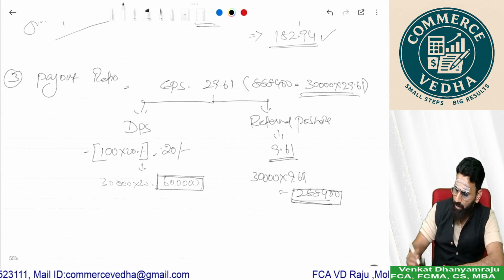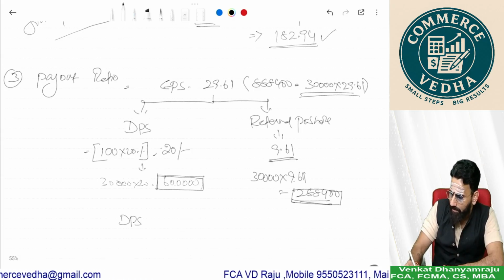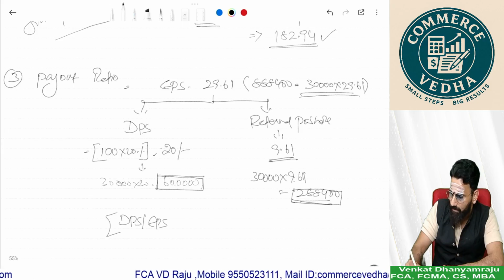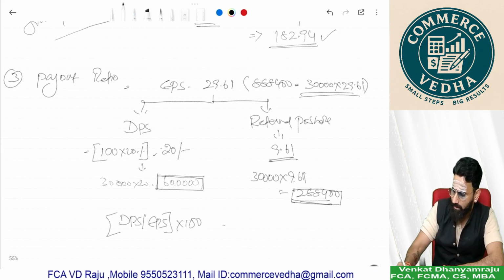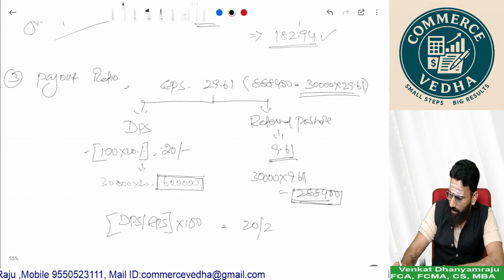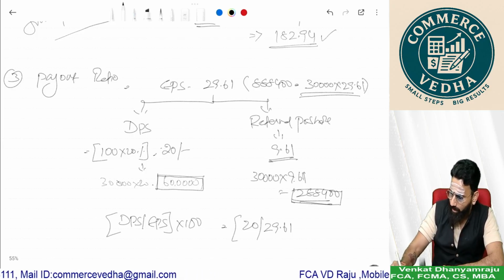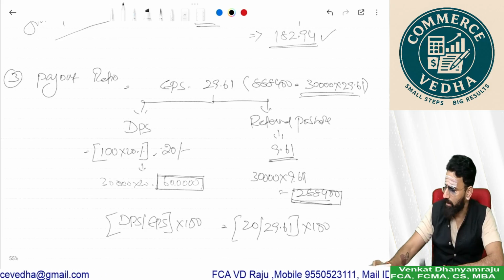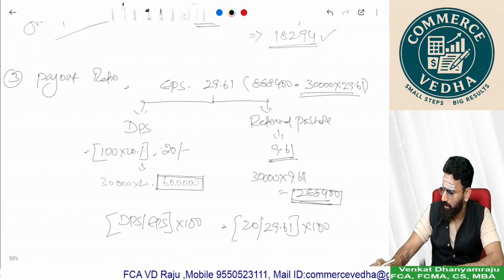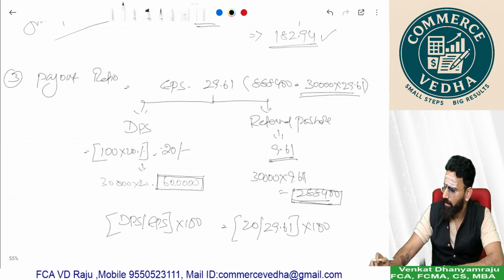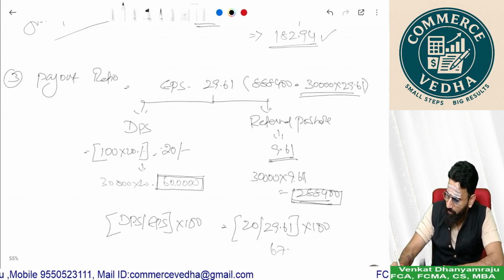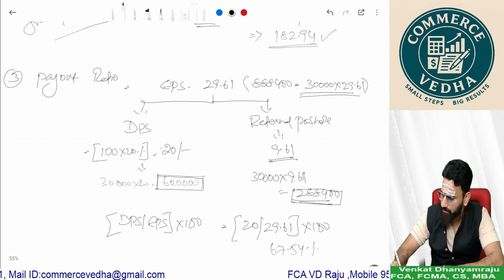Now the payout ratio is nothing but DPS by EPS into 100. Dividend 20 and EPS 29.61 into 100 is 67.54%.